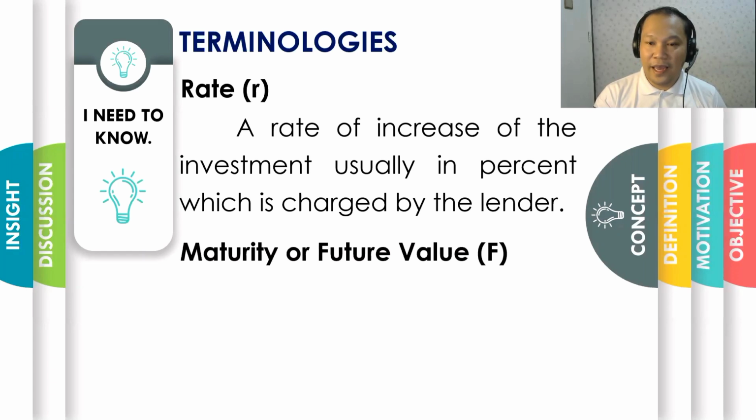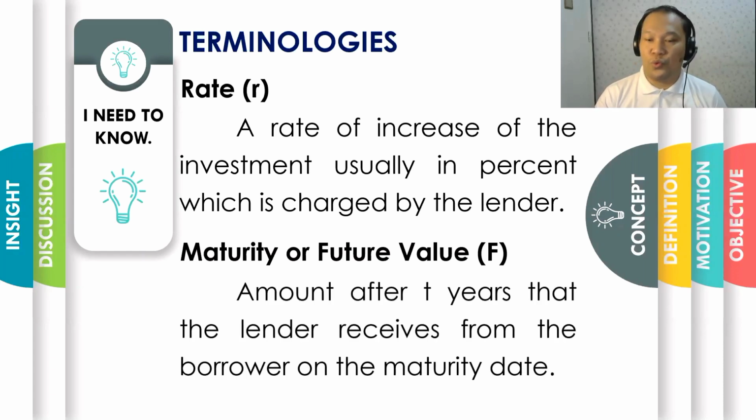Okay? And then we also have the future value or maturity value. Now, the amount after T years that the lender receives from the borrower on the maturity date. Ibig sabihin, ito yung amount na kung saan matatanggap o tatanggapin ng lender.